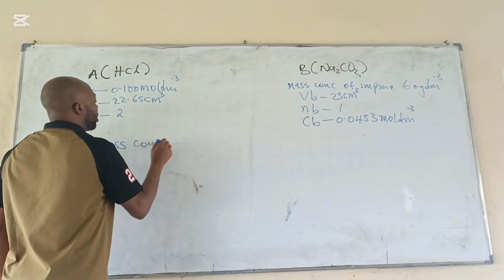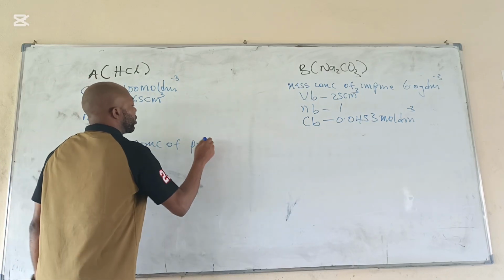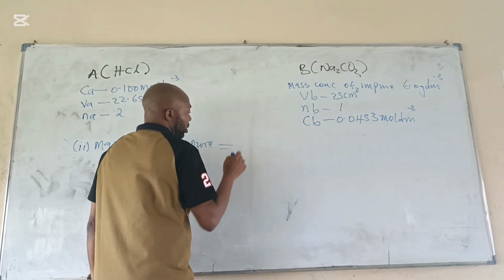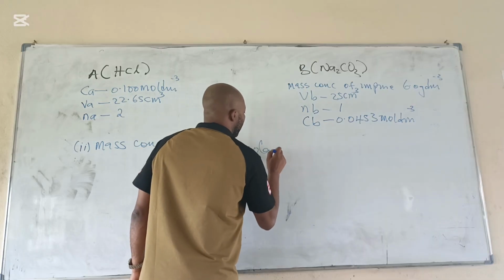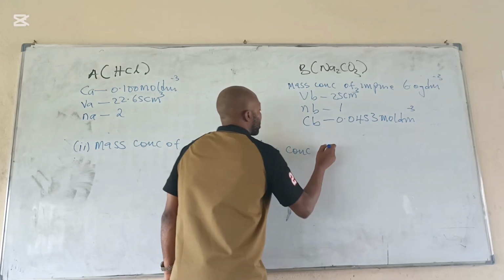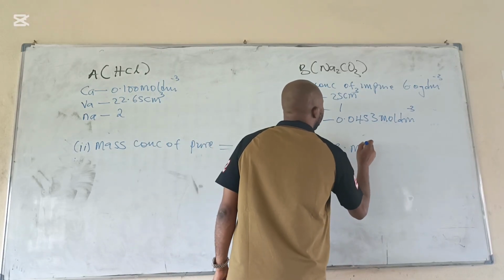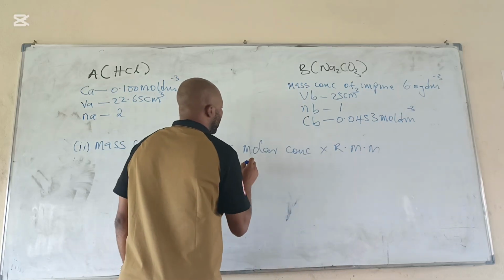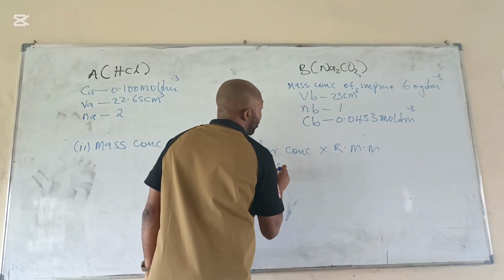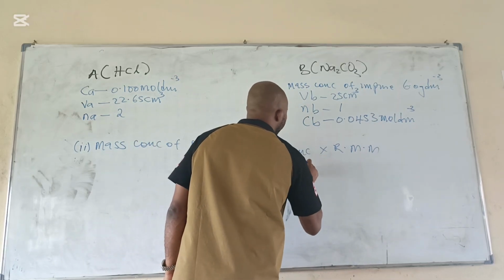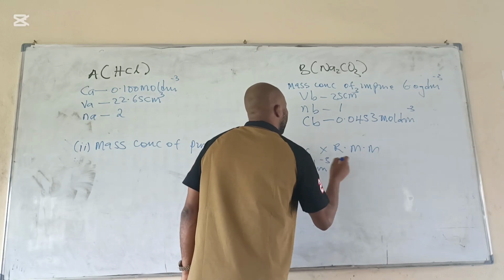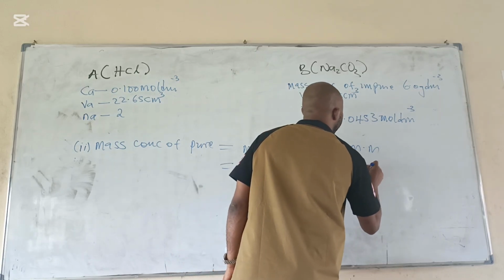Mass concentration of pure is equal to molar concentration times relative molecular mass. And the molar concentration is 0.0453 mole per dm cube times 106 g per mole.